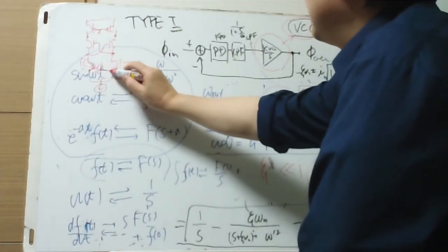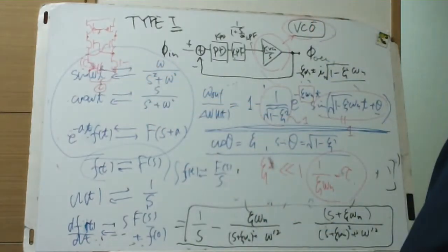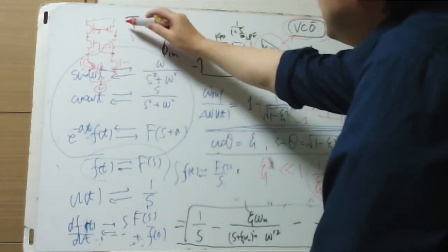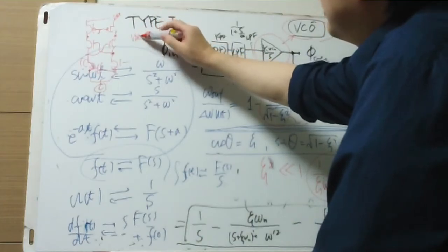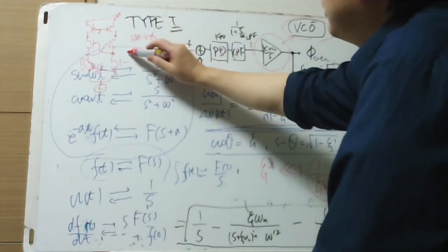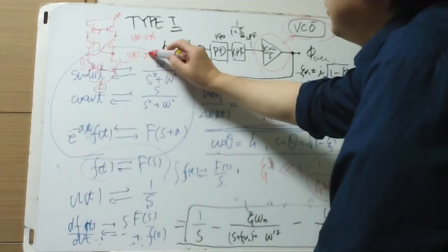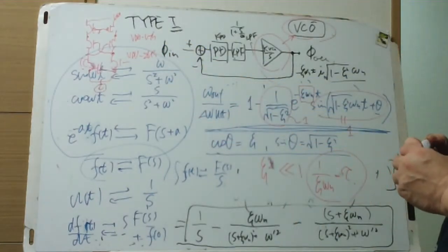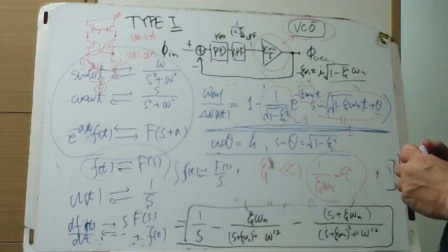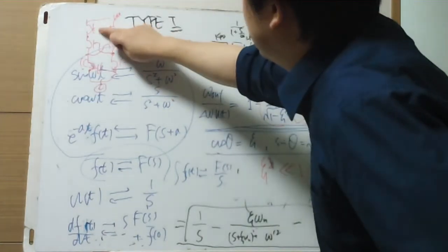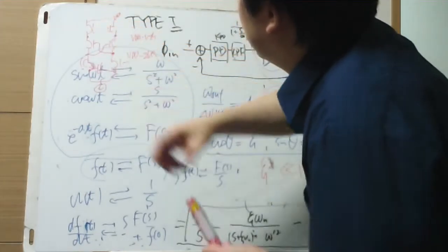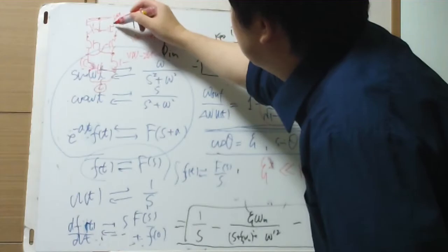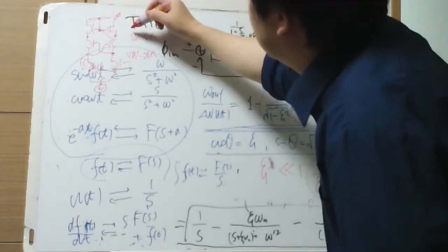There's capacitor C, and this oscillates within VDD minus VTHN and VDD minus 2 VTHN, where VDD minus VTHN, when this is N channel, this is VDD.